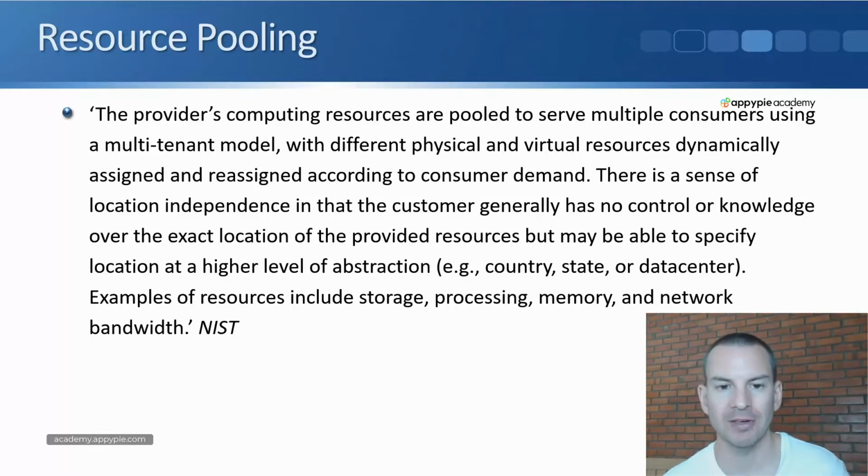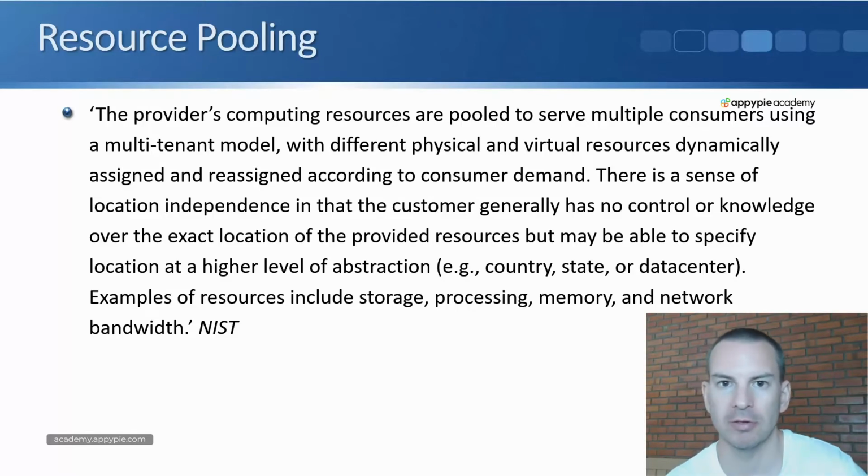There's a sense of location independence in that the customer generally has no control or knowledge over the exact location of the provided resources, but may be able to specify location at a higher level of abstraction. For example, the country, state, or data center level. Examples of resources include storage, processing, memory, and network bandwidth.